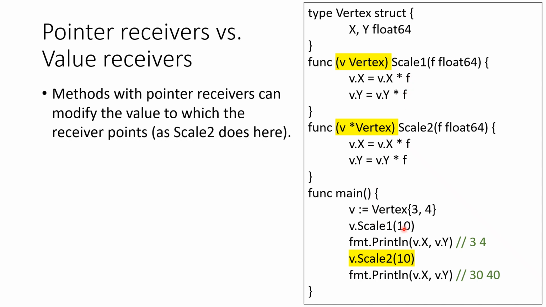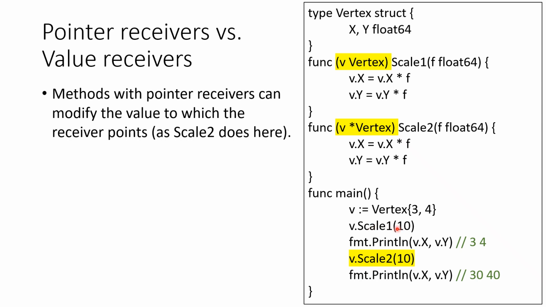To see the effect of the difference between these two methods, we declare a Vertex instance named v in the main function. Vertex v has value 3 for the field x and value 4 for the field y. Then we call method Scale1 on Vertex v with argument 10.